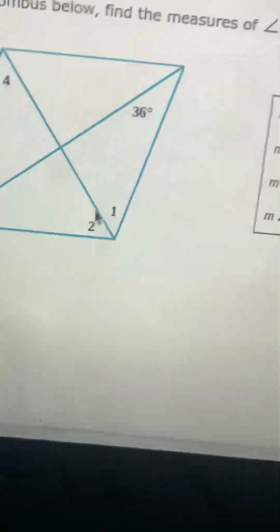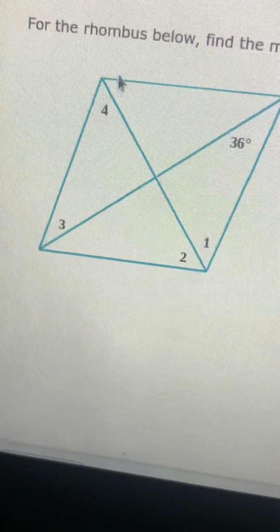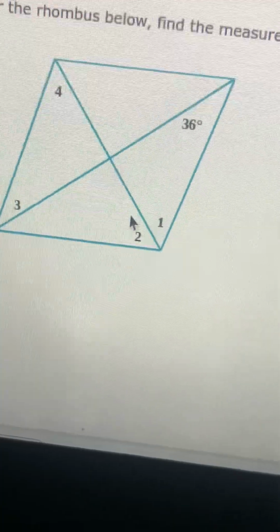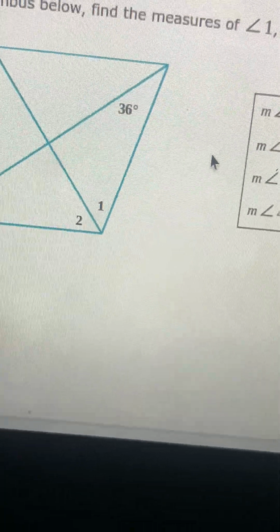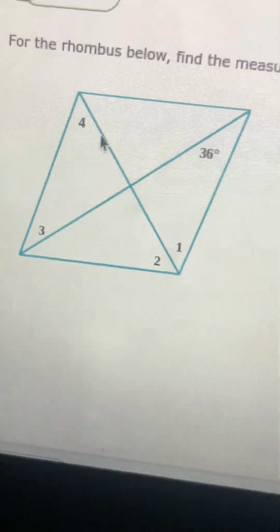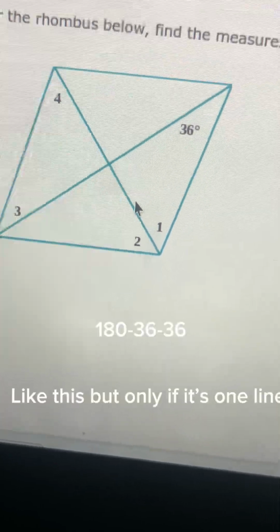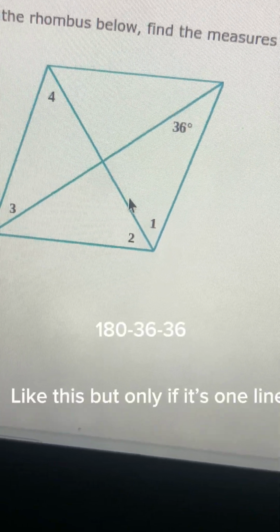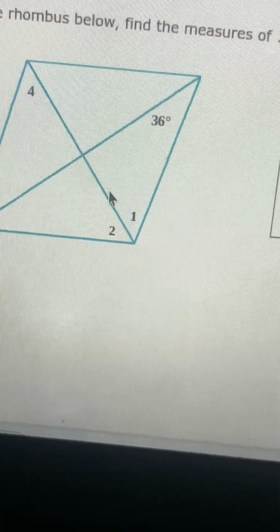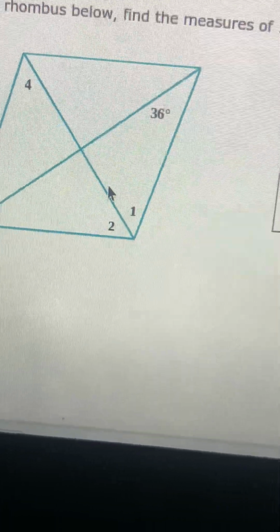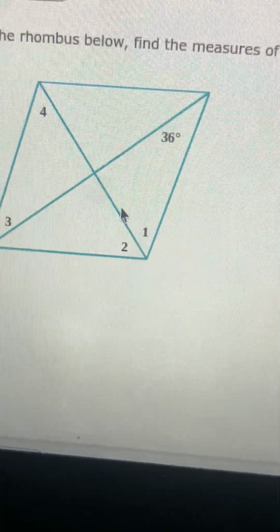But if the number's right here and right here, it will still be 36, only if the 36 is at that line. And to find out the other number right here, you just gotta subtract 180 with 90 because they're 2 lines. But if it's just one line, you gotta subtract 180 and 36 2 times. So 180 minus 36 minus 36, and that would be your answer.